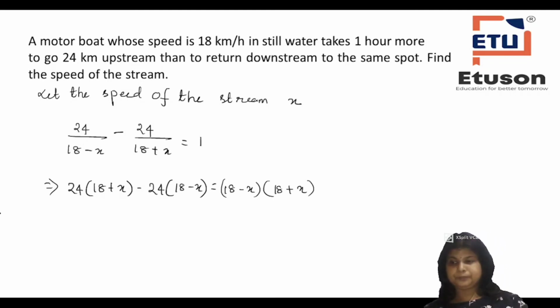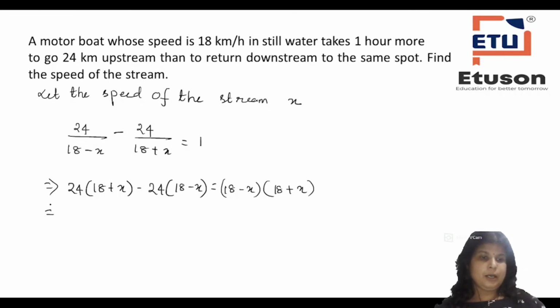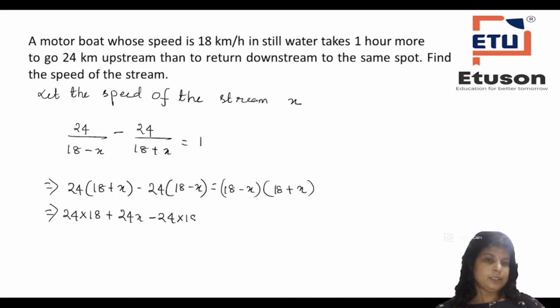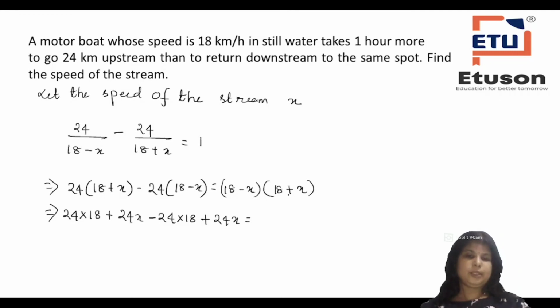Correct or not? Yes. So you have 24 into 18 plus 24x minus 24 into 18 plus 24x is equal to a minus b into a plus b, which is nothing but a square minus b square, that is 18 square minus x square. Correct or not?